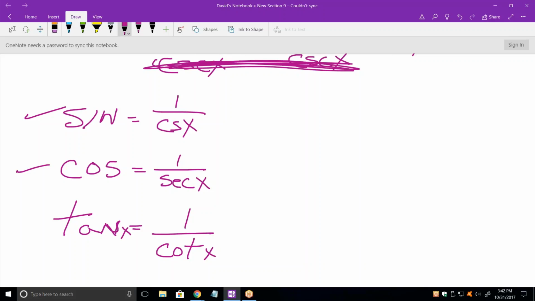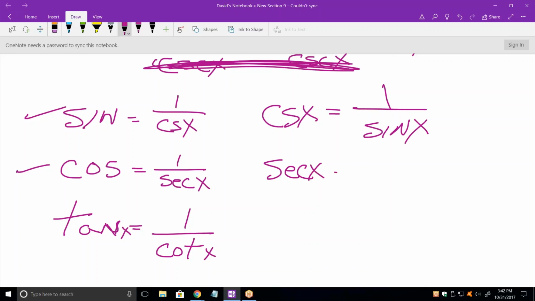Now, that's only 3 of them, and there are actually 6, but the other 3 are a piece of cake. If sine is 1 over cosecant, then cosecant is 1 over sine by definition. In other words, reciprocals are like that, which makes this 1 over cosine, and cotangent is 1 over tangent.